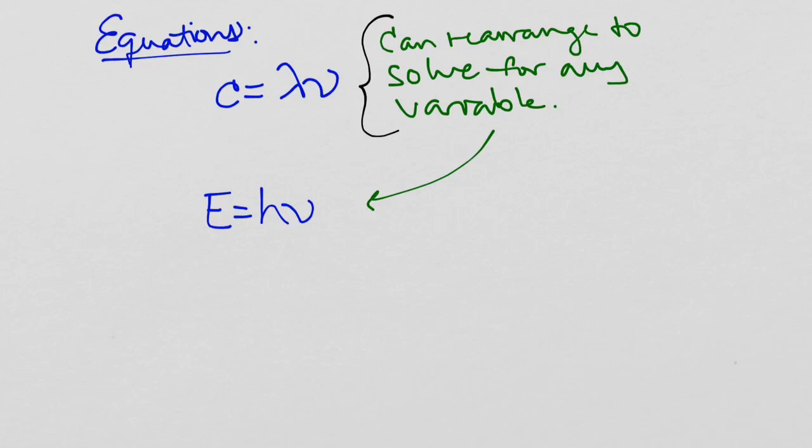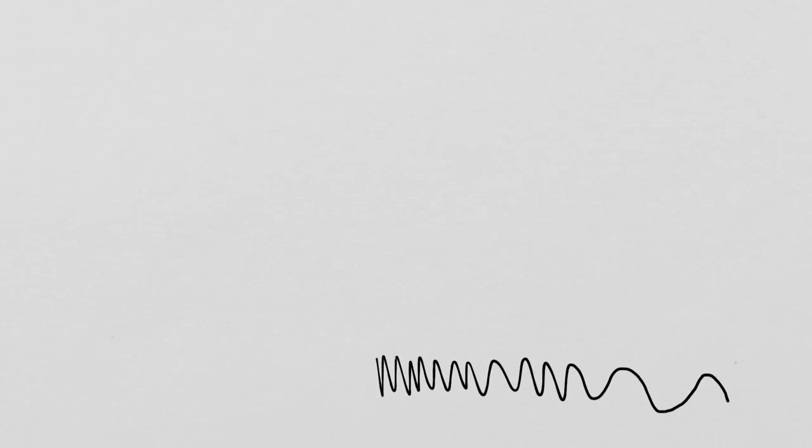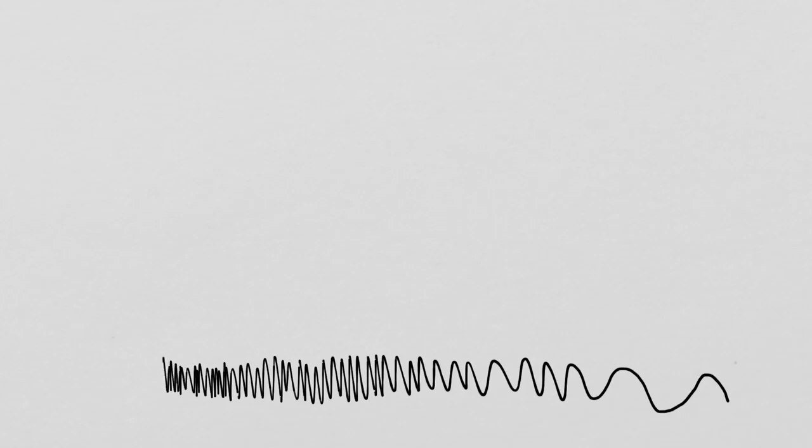So, let's quickly touch on the electromagnetic spectrum, and then we're going to call this a day. I'm going to draw down the bottom of the page just a wave that quickly changes frequency. I may have gone too small too fast, but it works for me.